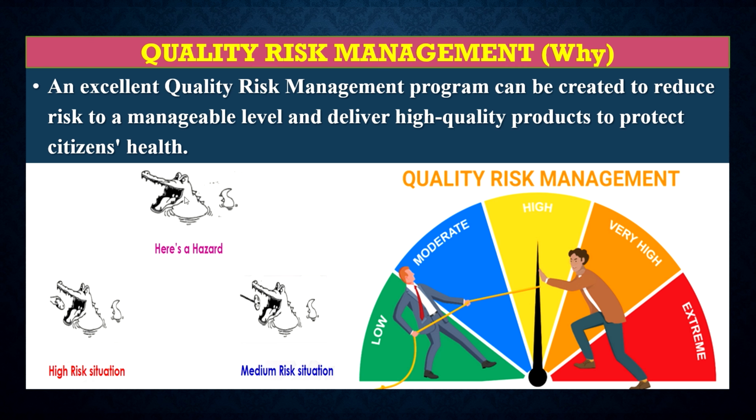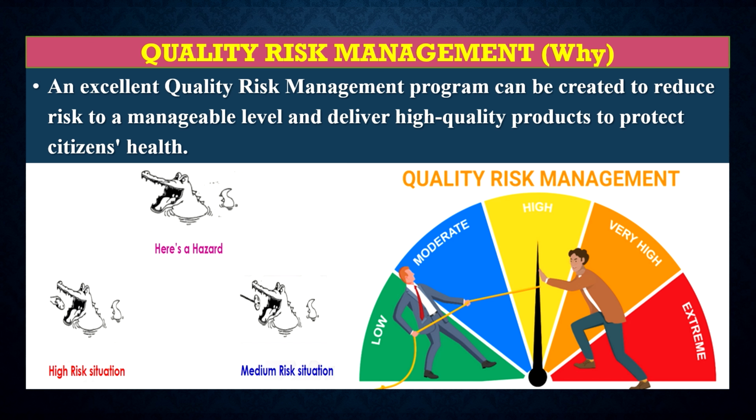Like here, there is a crocodile, it is a hazard. Suppose you want to feed something to that crocodile by using a tool, it is a medium risk. Suppose you are using your bare hand to feed that animal, then it becomes a high risk situation.